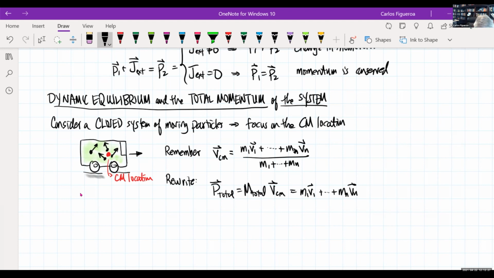So I'm going to box this. No, I won't, not yet. And so here we go. If a system is in dynamic equilibrium, the external force, you know what, this is a little bit too tight for me.